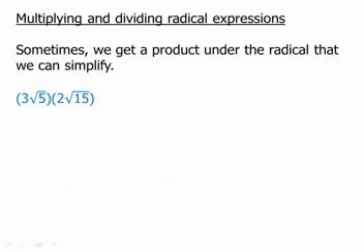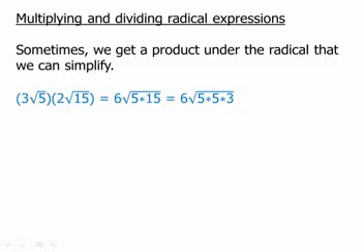Sometimes we get a product under the radical that we can simplify. So when we multiply these, of course, the 3 times 2 will give us a 6 outside the radical. Under the radical, we're going to have 5 times 15. And rather than multiply that, I'm going to break the 15 into factors. Because when I do that, it becomes very clear I have a 5 times 5. I can take a square root of that.